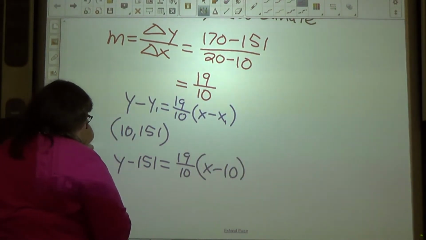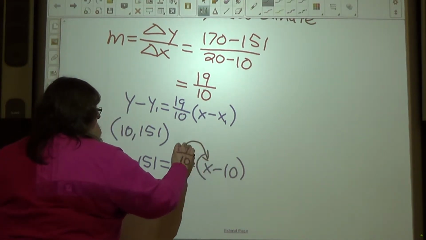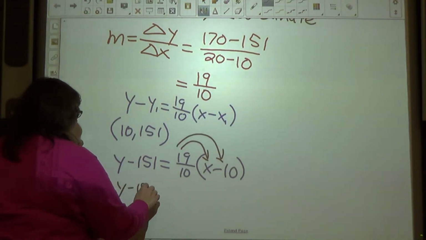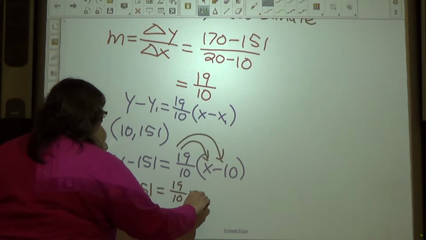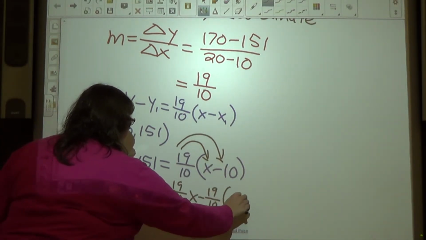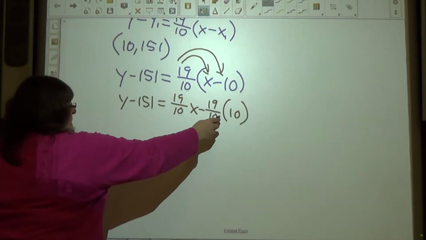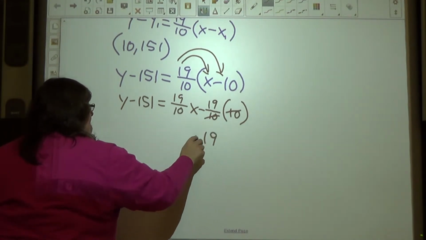Okay? Now I get to distribute. Good old algebra. Okay? So y minus 151 equals 19 over 10x minus 19 over 10 times 10. Okay? So 19 over 10, this 10 and this 10 cancel out, leaving 19.